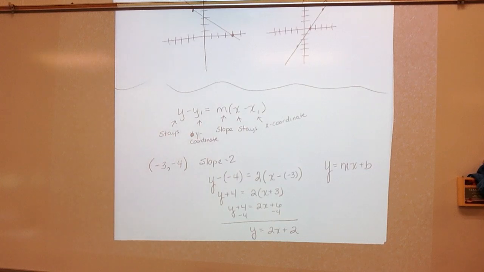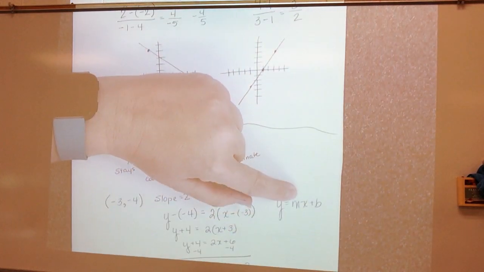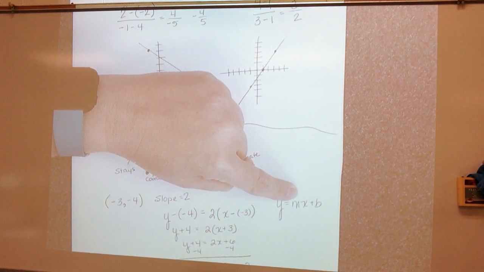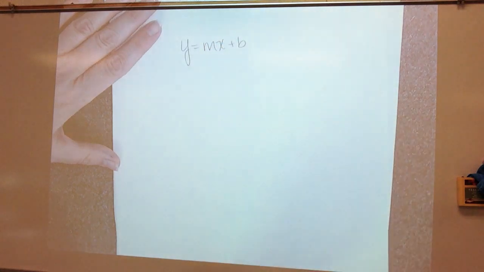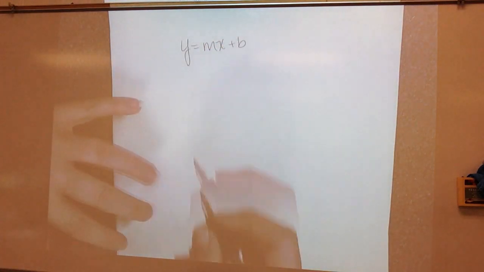The y-intercept of a non-vertical line is the point where the line intersects the y-axis. If we know the y-intercept and the slope of the line, we can apply the point-slope form to find an equation of the line. Alright, so here is my slope-intercept form. Y is equal to mx plus b. So let's talk about what we do here.